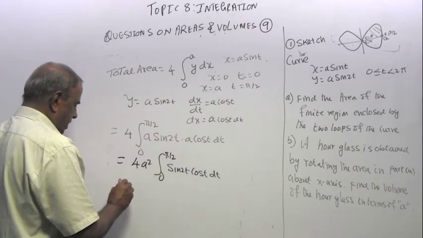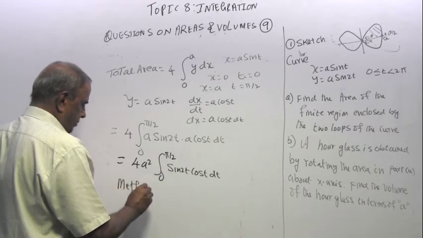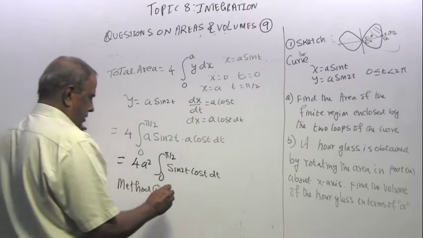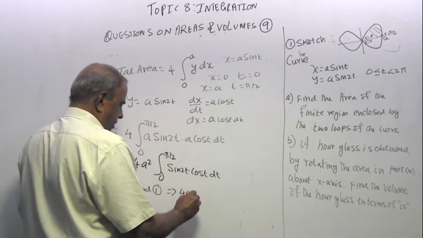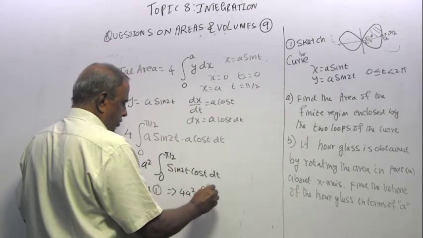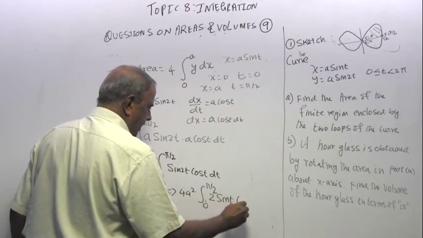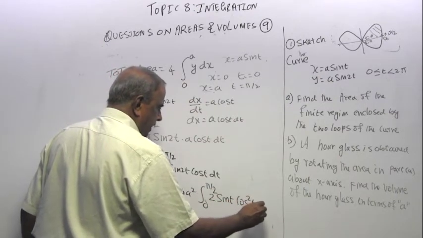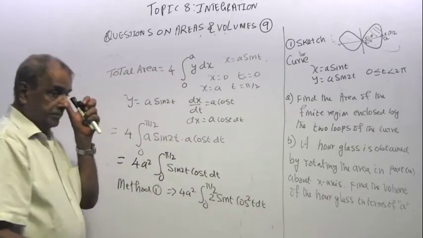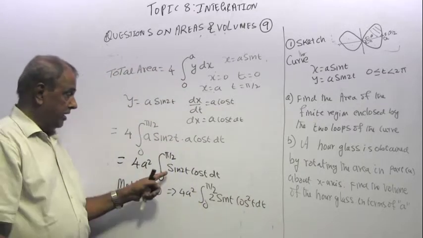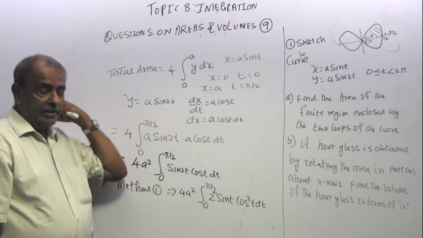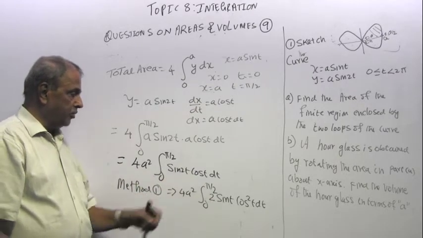I'll put method 1. It is 4a squared integral 0 to pi over 2 sine t cos squared t dt, because sine 2 theta is 2 sine theta cos theta, and cos and cos becomes cos squared.